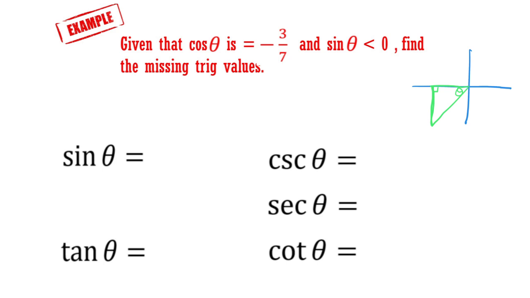That's going to have all the same values of the big angle, only that it's third quadrant, so the signs are going to change. Now, cosine, they tell me, is -3/7. And cosine is going to be the adjacent over the hypotenuse. So that's a 3 and a 7. But one of them has to be negative.